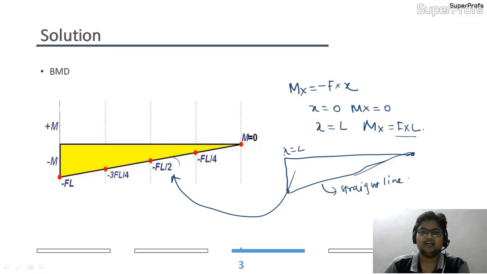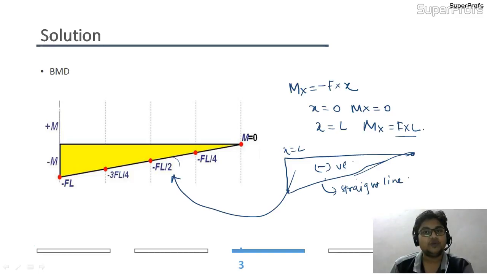Many a time, the question will be given to you like they will be giving the bending moment diagram, and you have to infer the result. Means you have to do the backward calculation, and you have to arrive at the loading condition of the beam.